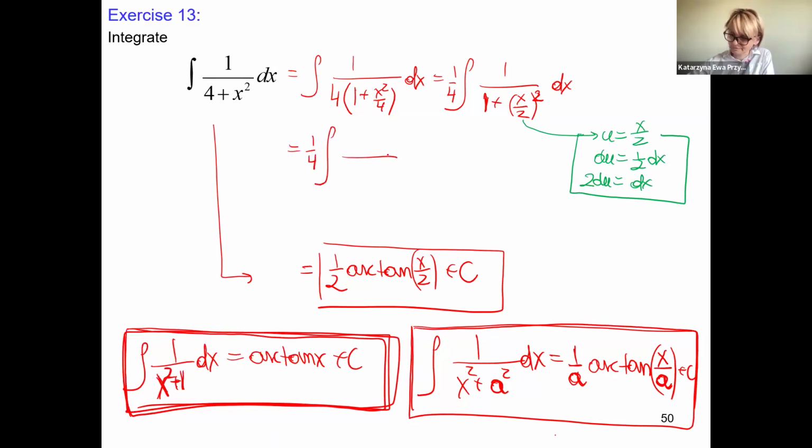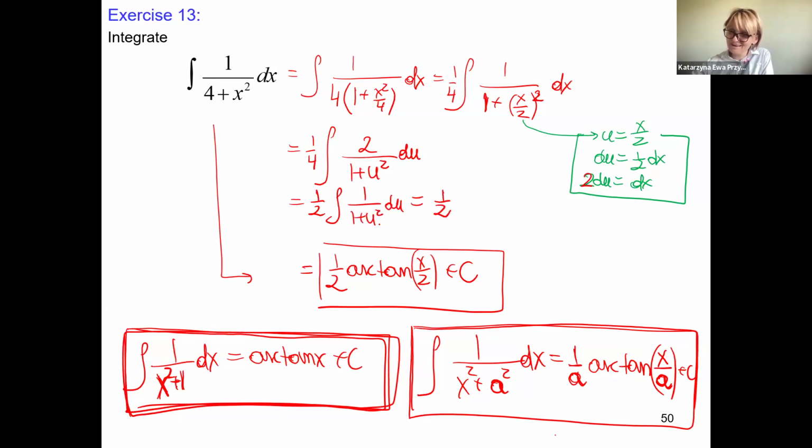And now, let's put it: it will be 1 plus u squared, because the quantity inside, and dx is 2 du. Yes, 2 du. 1/4 times 2 is 1/2. 1 plus u squared du.